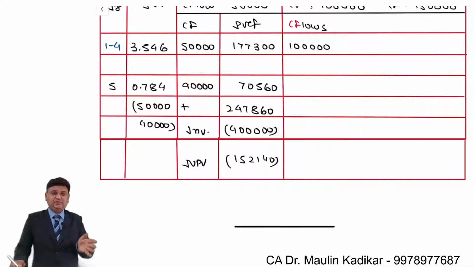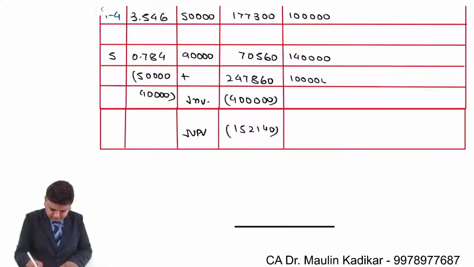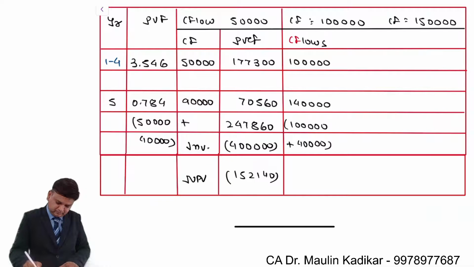Last year is 1 lakh plus 40,000, 1,40,000. So present value 3,54,600.